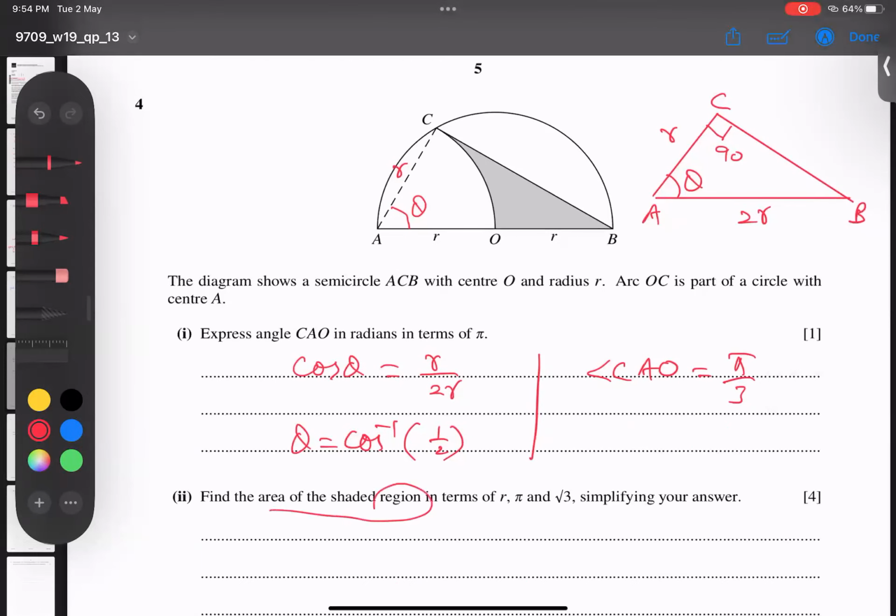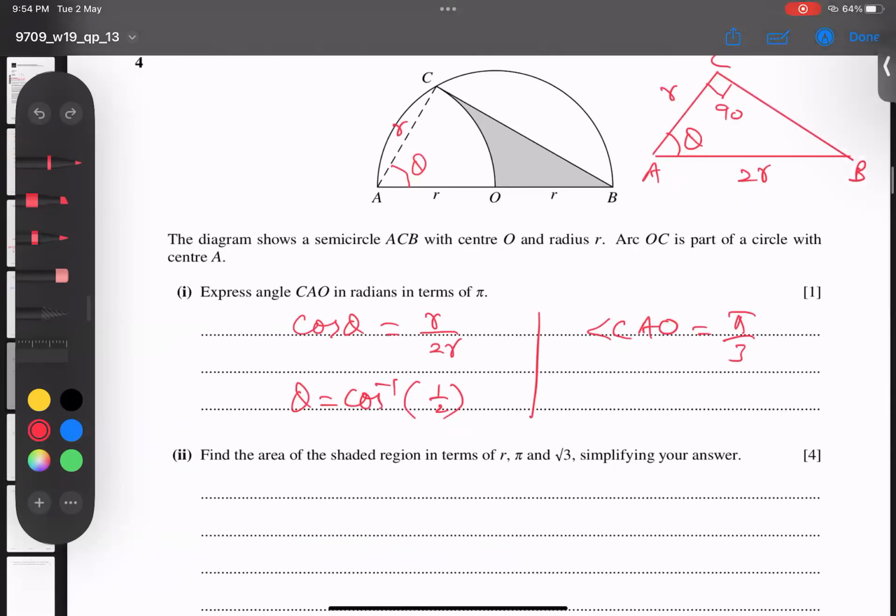Area of the shaded region, we have to get it in terms of r, pi, and √3. So let's see how we can get it. First of all, make a plan for the shaded area. So the shaded area is clear: triangle area minus sector area.